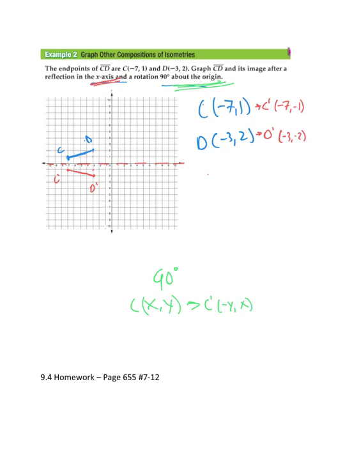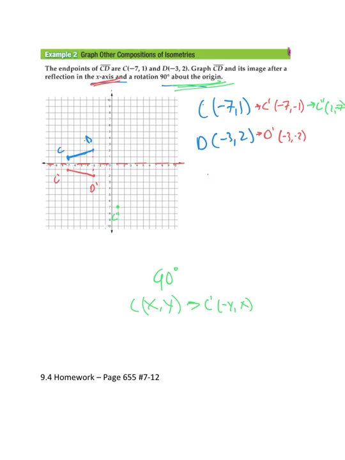All right, so what's that going to mean for C prime? C prime is going to become, flip the ordered pair and change the first sign. So 1, -7. That is C double prime. That's after the rotation.